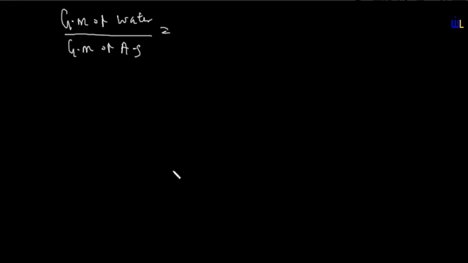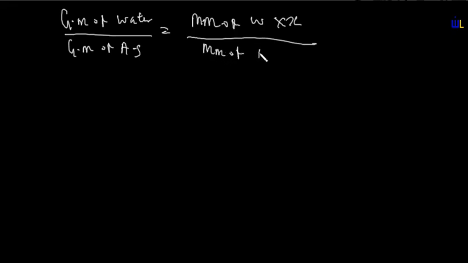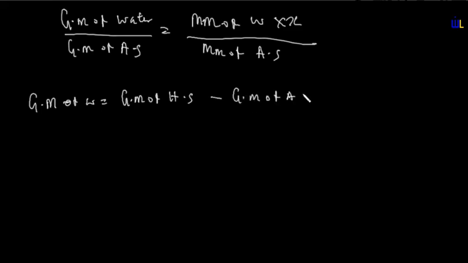This is going to be equals molar mass of water times x over molar mass of anhydrous salt. Let's start with finding the given mass of water. Given mass of water equals given mass of hydrated salt minus given mass of anhydrous salt. Is this formula correct?